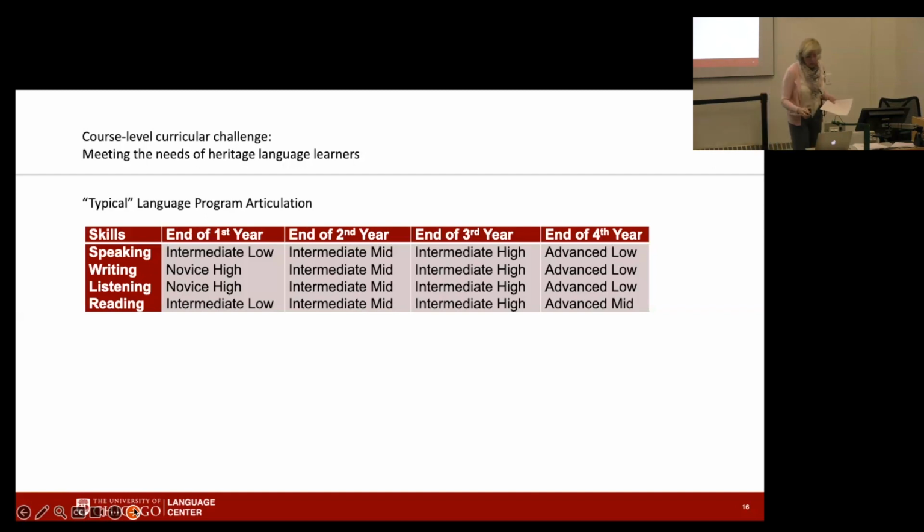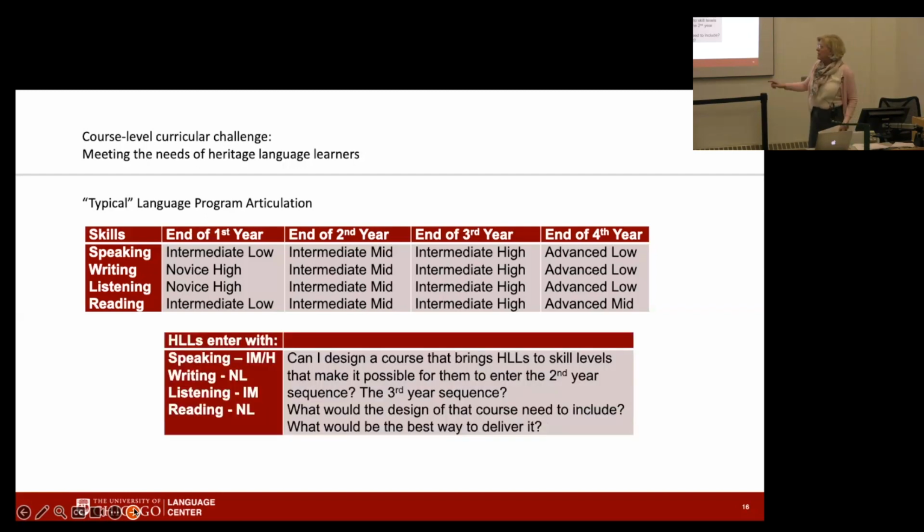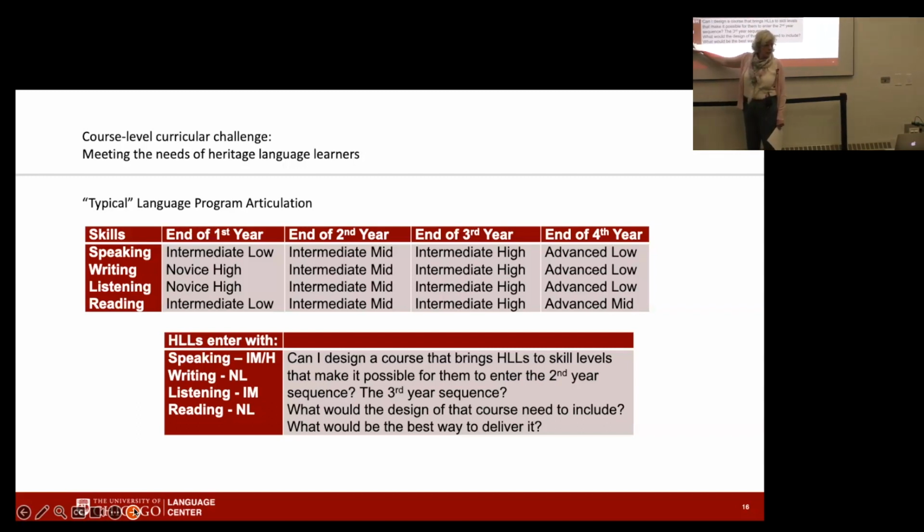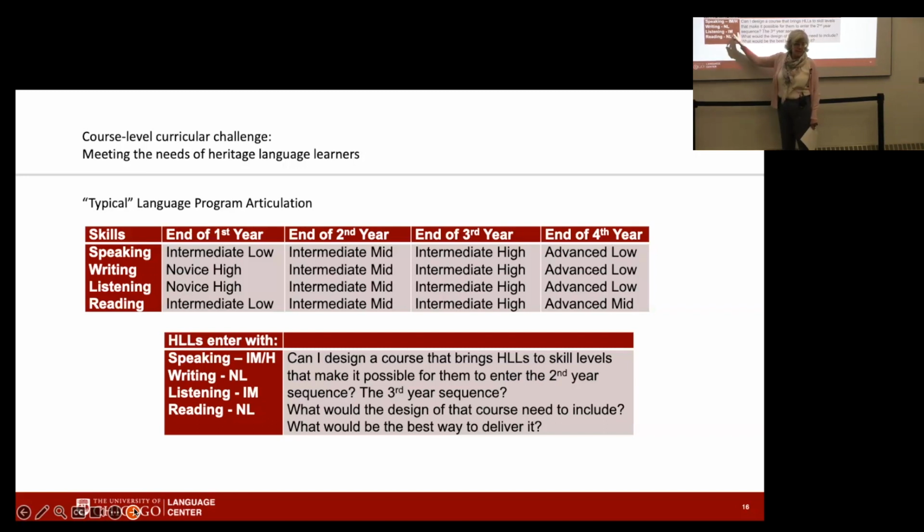If you know this about your language, and you know this about your heritage learners, that they come in with pretty strong speaking, almost no writing, depending on the writing system, strong listening, and very weak reading, if you know this, or you could even test it, then maybe you can design a course that brings them all to the intermediate mid-level, which means they could enter your third year sequence, because you know that at the end of the second year, all your learners are at the intermediate mid-level.